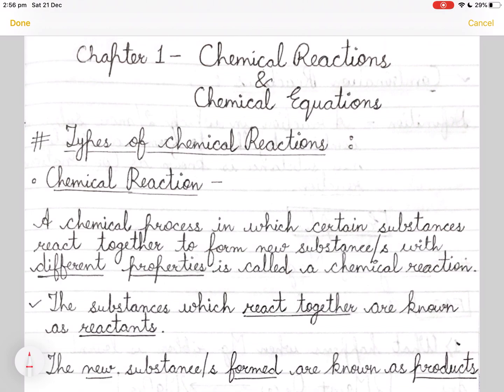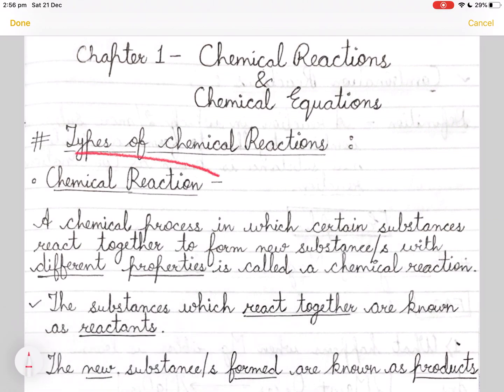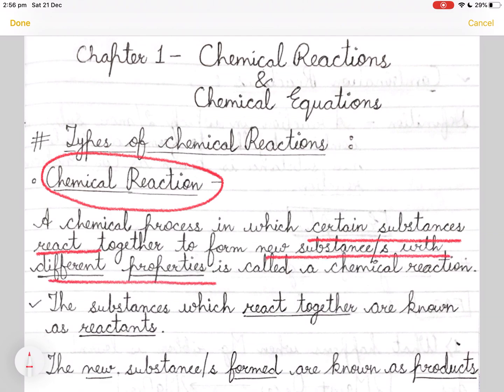Before I talk about the chemical reactions, let me explain you the term chemical reaction. So a chemical reaction is a process in which certain substances would react together to form a new substance with different properties. And these substances which are reacting together are called reactants.